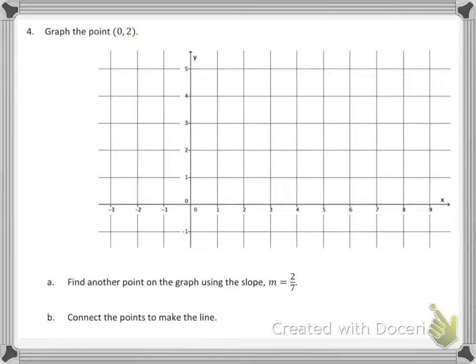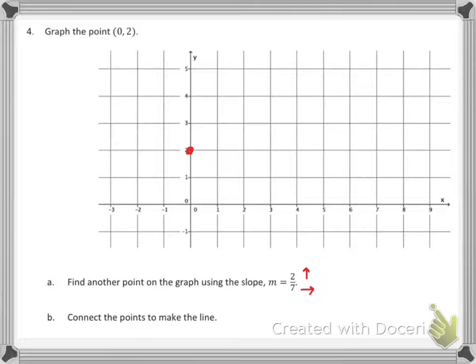Next. Graph the point (0, 2). All right, (0, 2): 0 left or right, 2 up. That puts me right here. Find another point on the graph using the slope 2/7. Well, remember, this means up 2 and right 7.